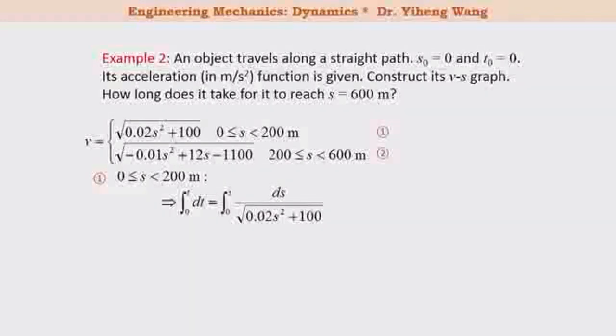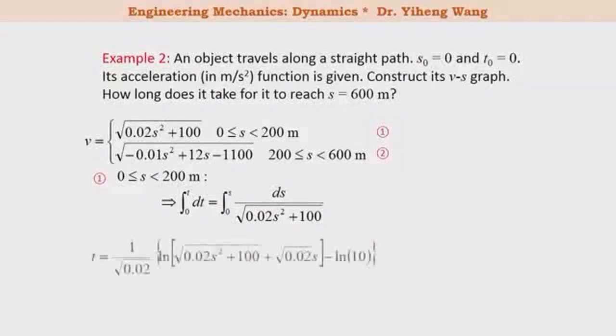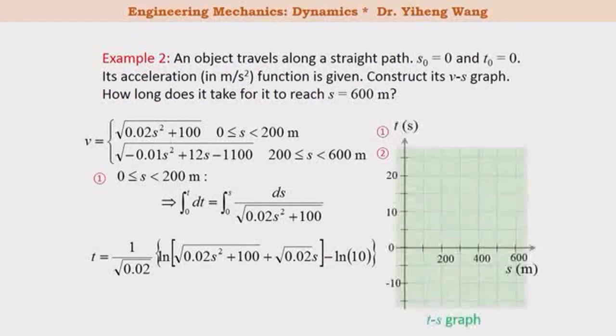You might need to use an integration table here for help, but this is what we get after integration. You can also use a numerical method or graphical method to do the integration. And now we can sketch the first part of the time position graph. And we can also calculate that at the end of this period, the time is 12.5 seconds.